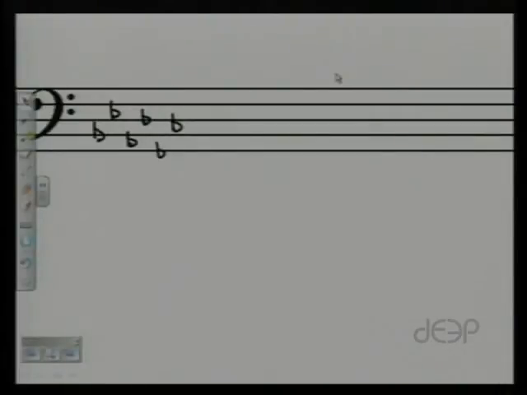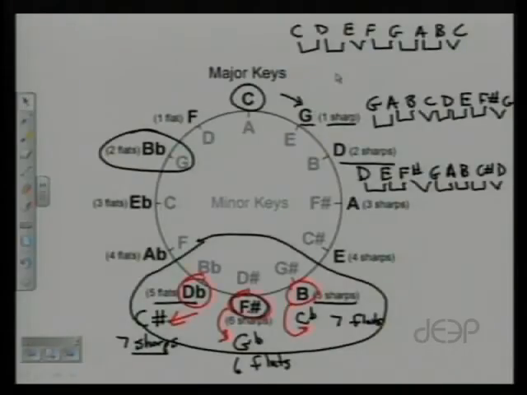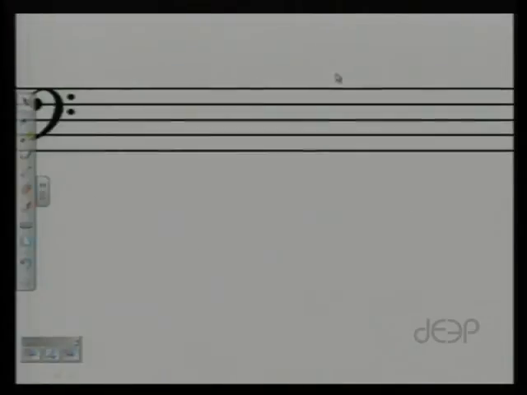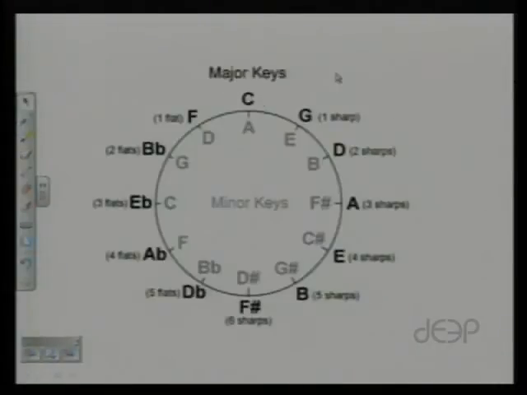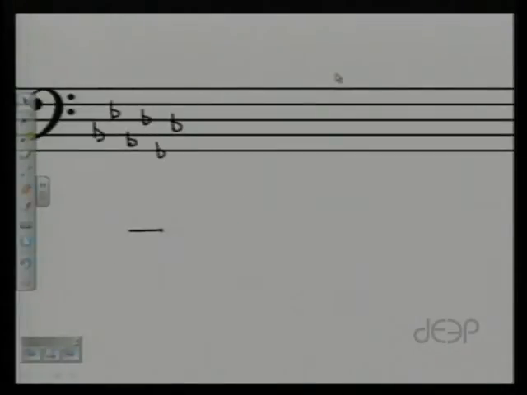Well, you do that down here. This is the key of. So to identify that, you want to go back here. And how many flats was it again? It's 6 flats. So 6 flats is down here on the bottom, the key of G flat. So let's get to that. And we're going to identify that as G flat major.